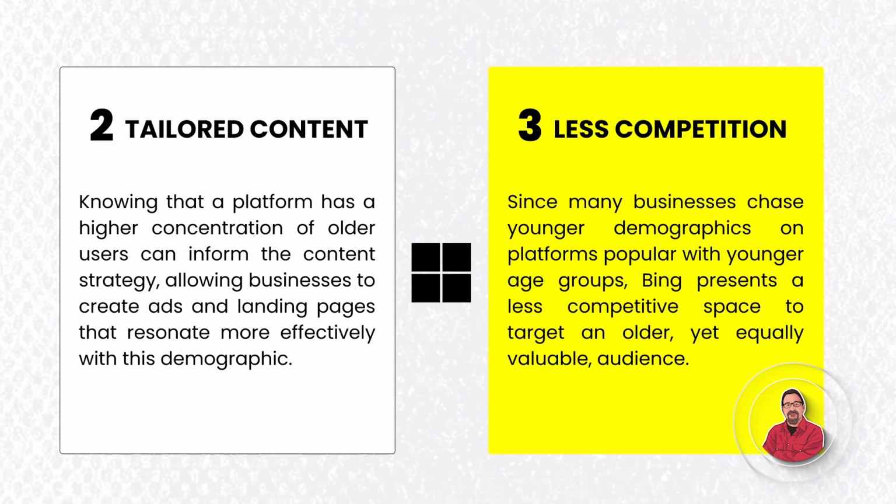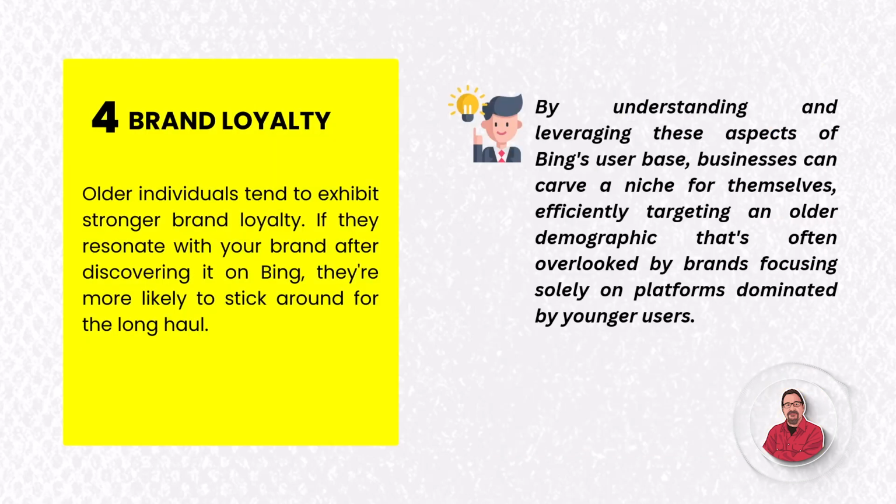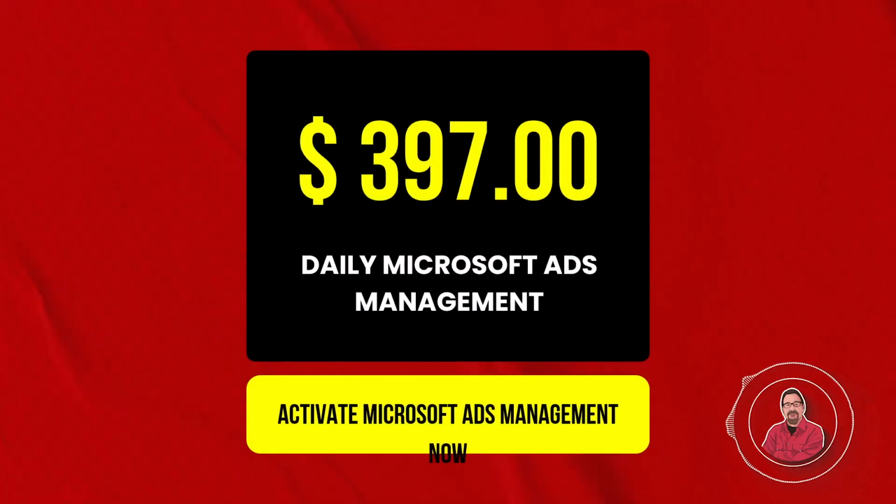So of course there's less competition. Brand loyalty, older individuals tend to exhibit stronger brand loyalty. And when they're happy with something, they stick with it, all right? And so you can read this on your own. So if we're going to do Microsoft Ads for you, it's $397 a month to manage that.